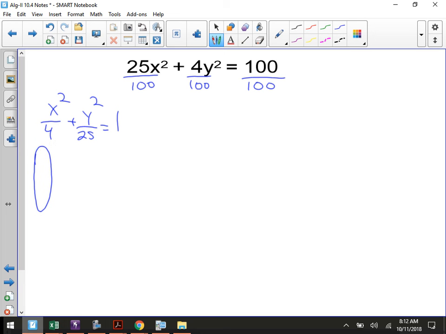So now you know that your a squared is what? 25. Yeah, I'm trying not to skip ahead here, because when I do, a squared is 25, b squared is 4, c squared will be 25 minus 4, and then you get your a, plus or minus 5.